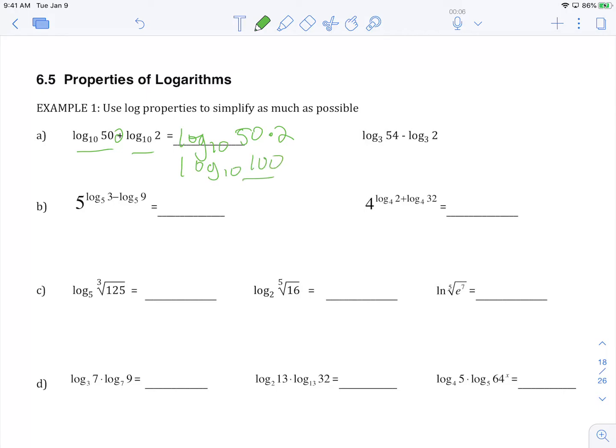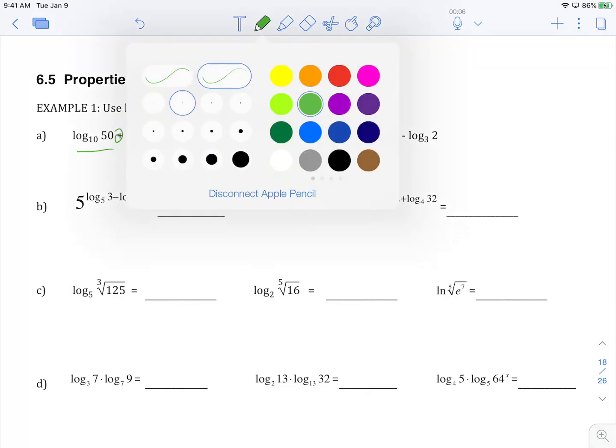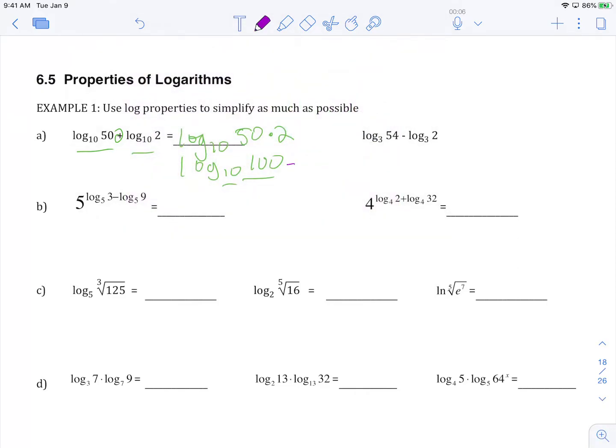But we know something about 100. 100 is a power of 10. So it's really saying log base 10 of 10 to the second power. And we also know that if you have the same bases here, they kind of cancel each other out, and you're left with just the exponent. So the final answer to this is just 2.